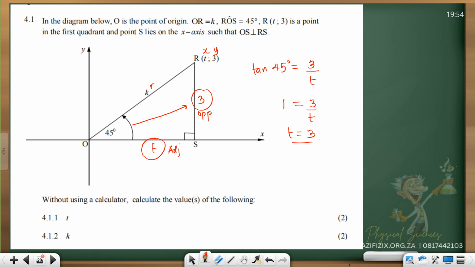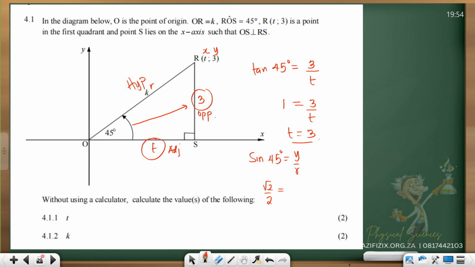They took you back to basics in this question. And if I'm looking for k, k is my hypotenuse. And I know this as opposite, so I can use sine 45, which is y over r. So root 2 over 2, that's sine 45.